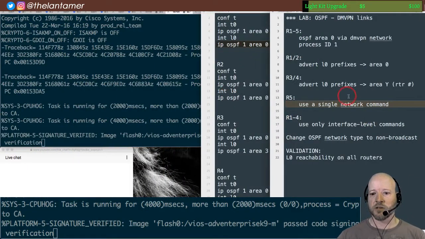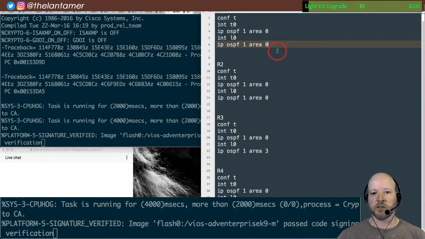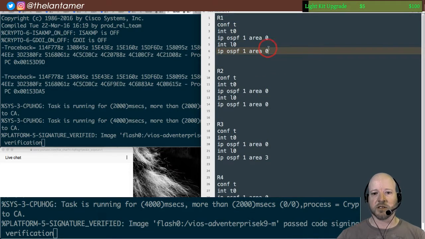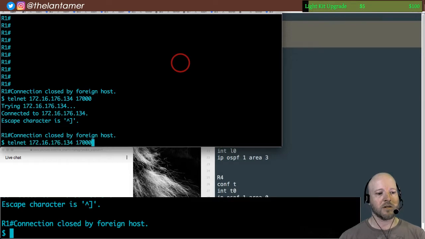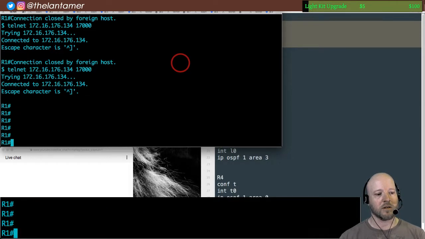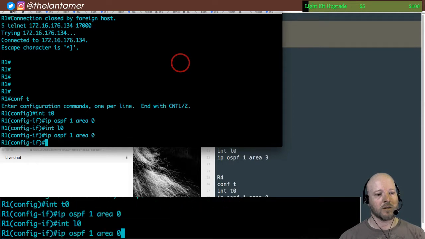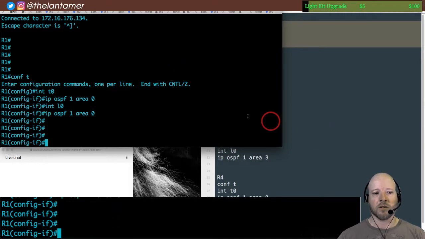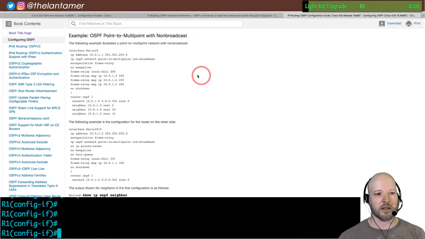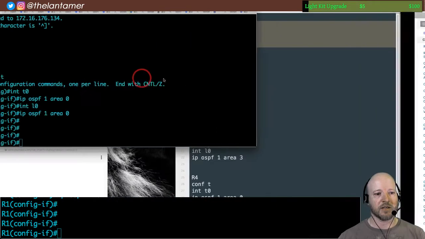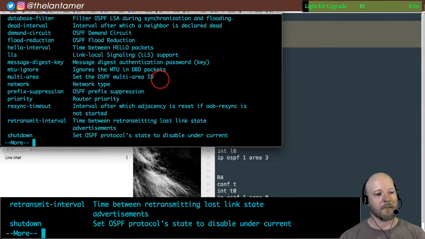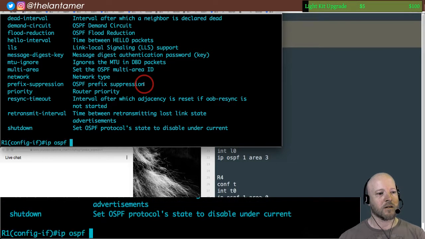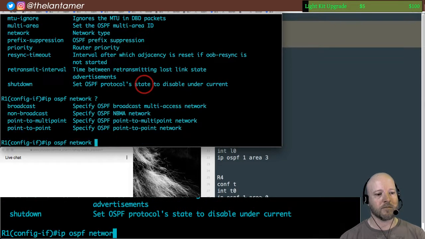All right, let's go ahead and configure these basics first. I at least know this part is right. Router 1. According to the configuration guide, we're going to need IP OSPF network type.